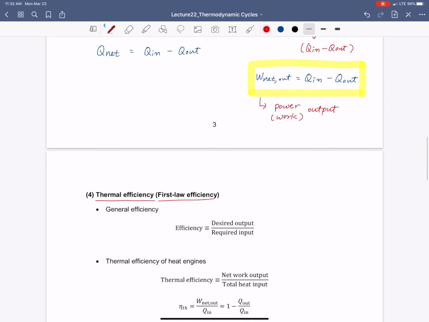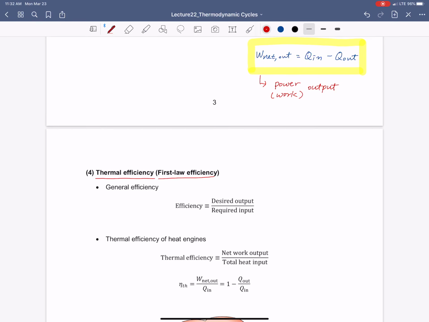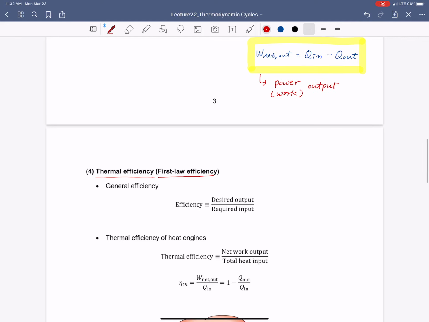Now, is that all? Basically, now we have an engine, so we can have this power out of this engine. But another question that we always have to ask as an engineer is how efficient it would be. So how efficiently can we generate power by having the heat input to that heat engine?